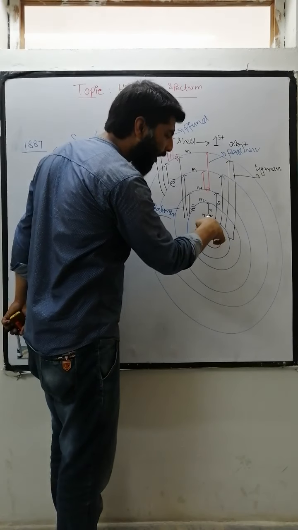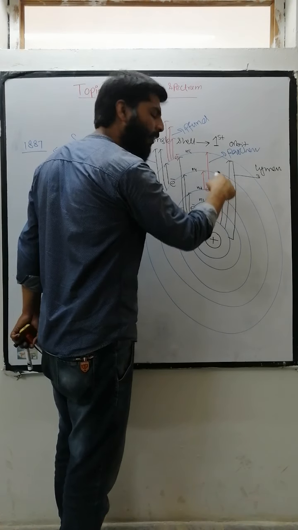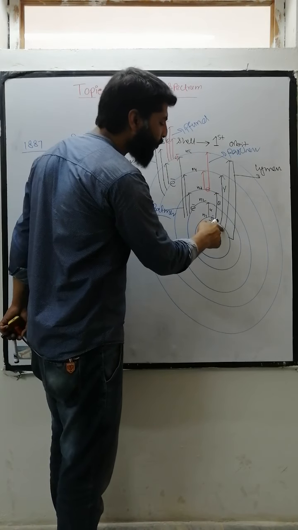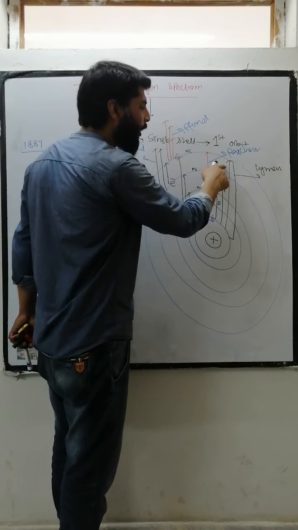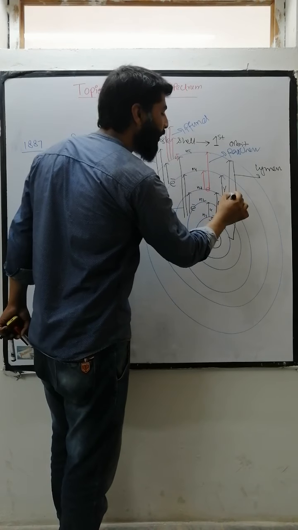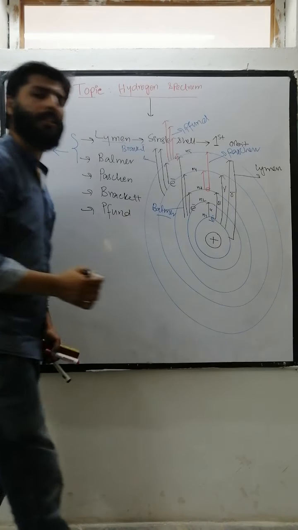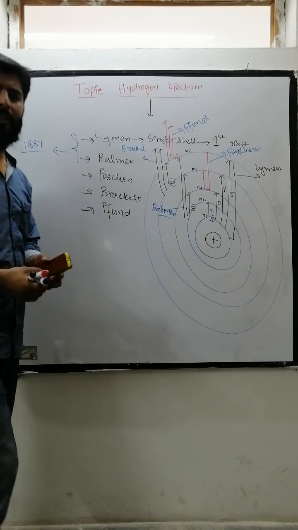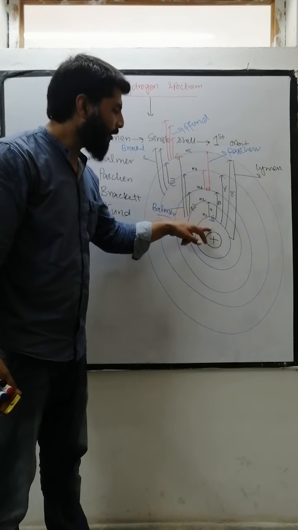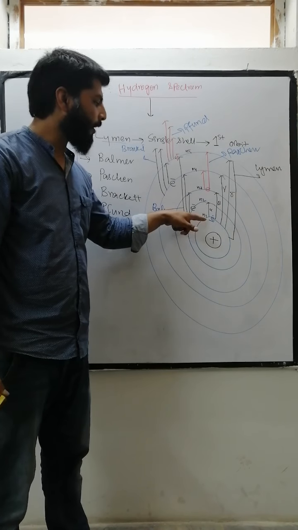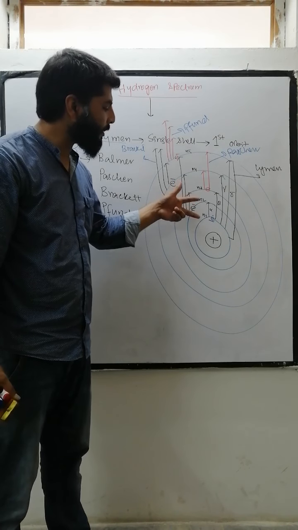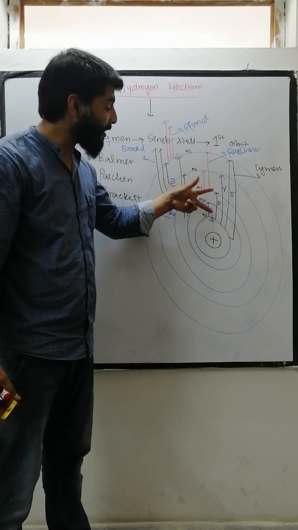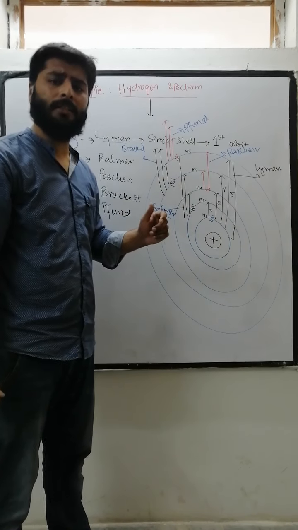When it jumps from N1 to N4, it will be gamma transition. When it jumps from N1 to N5, it will be delta transition. So for Lyman series it is alpha line, it is beta line, it is gamma, it is delta lines.